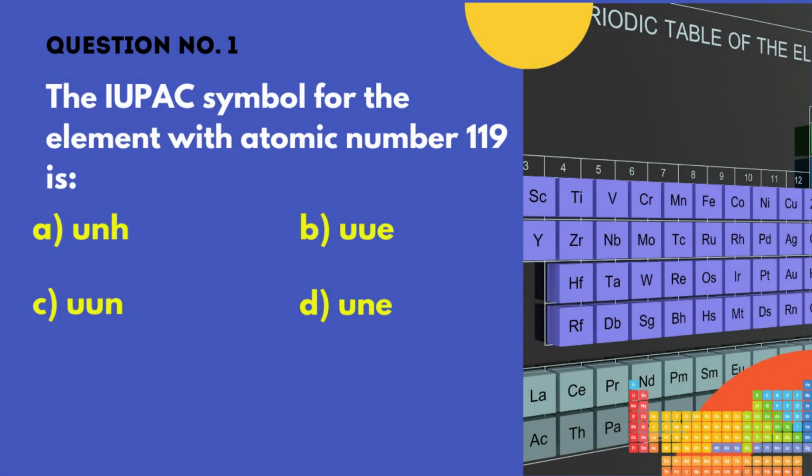So the first question is: the IUPAC name of an element with atomic number 119 would be. Now you might be thinking, what am I actually discussing? These kind of questions hardly come in the examinations. These are very basic, very childish kind of questions. But just let me tell you that any kind of competitive exam is unpredictable, right? So there is nothing like this cannot come.